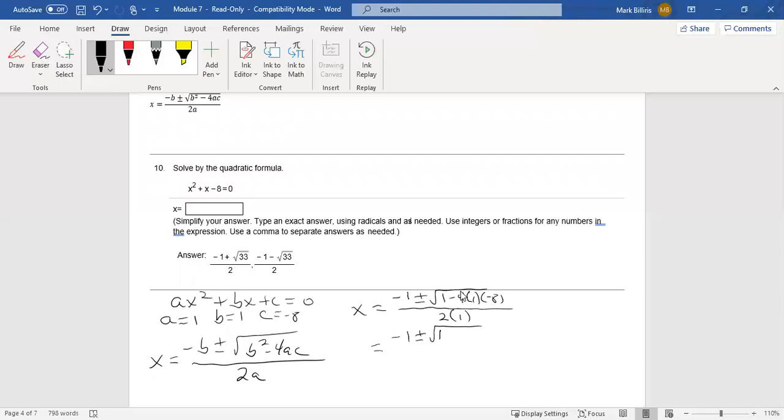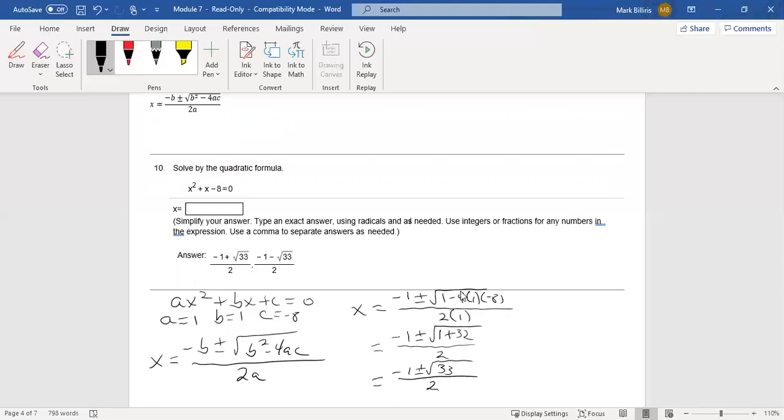So negative 4 times 1 is negative 4, and negative 4 times negative 8 is positive 32. And that's all over 2 times 1, which is 2. Now I'm going to combine like terms underneath the radical sign. 1 plus 32 is 33, and my denominator is 2.